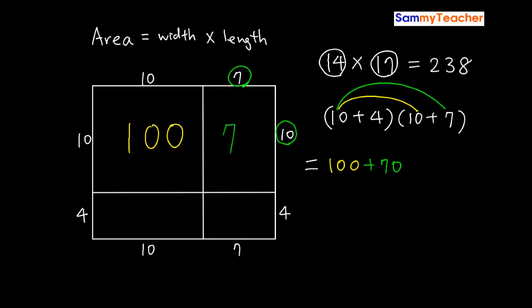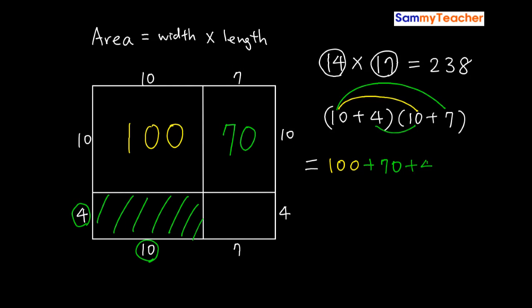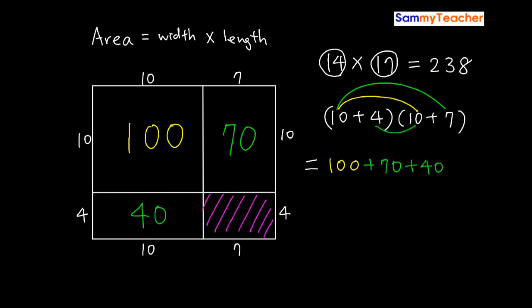And now we know that this area is 70. Likewise, to find the area of this part, we multiply 4 and 10. So 4 times 10 will be 40. And we write down 40 for the area of this part. Finally, to find this area, we multiply 4 and 7.